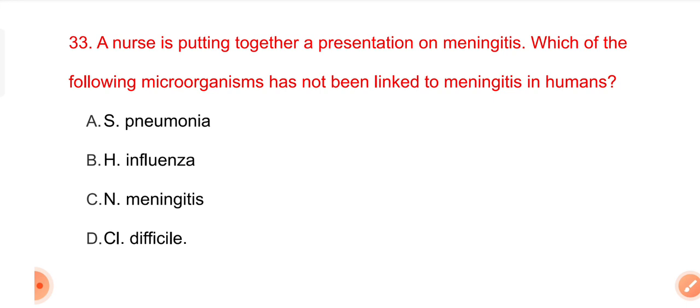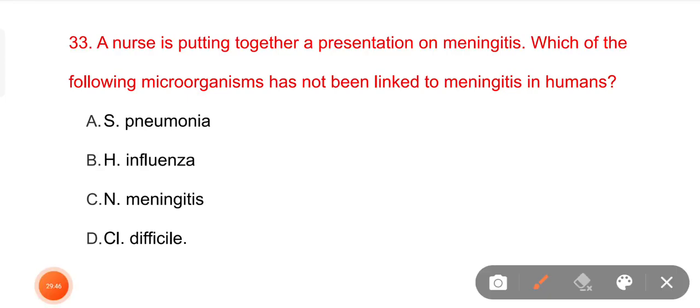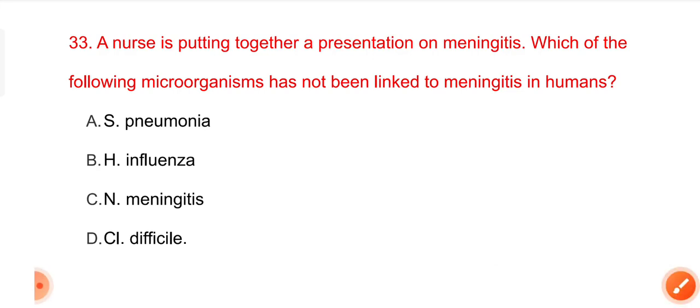The options are: option A, S pneumoniae; option B, H influenzae; option C, N meningitidis; option D, C difficile. The right option is option D. C difficile is not a cause of meningitis in humans.